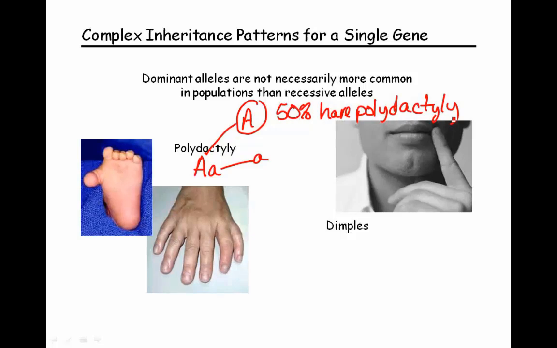Now, while you may or may not have seen this in people, this is also the same character that gives cats a sixth toe. So if you've heard of the Hemingway cats, or you have one, or you've seen one, many of those have a sixth toe on them, and that is basically polydactyly in cats.